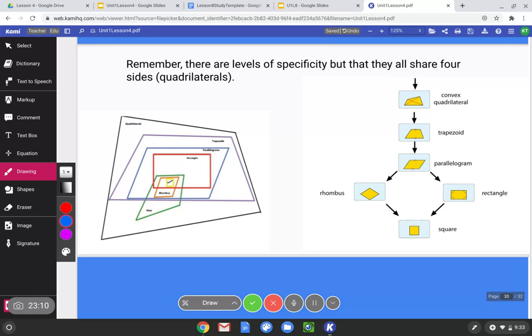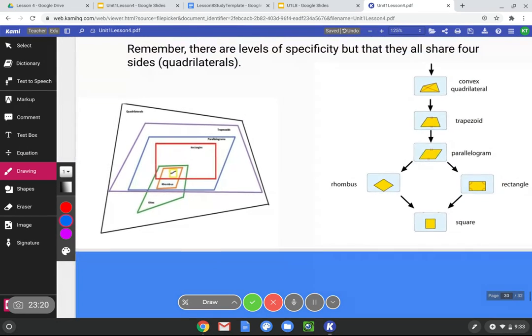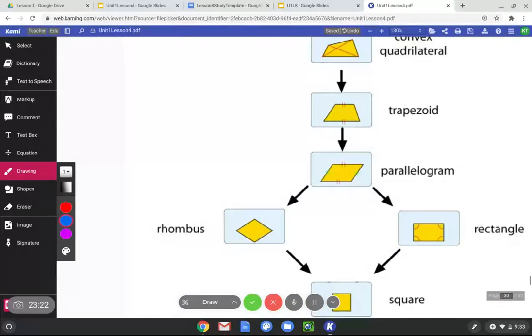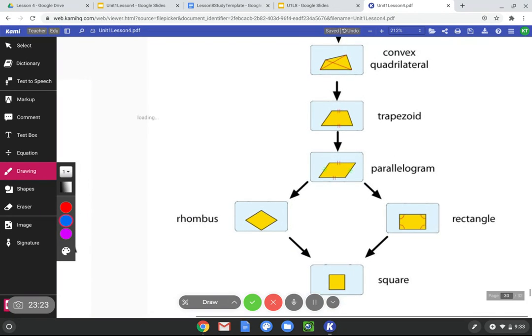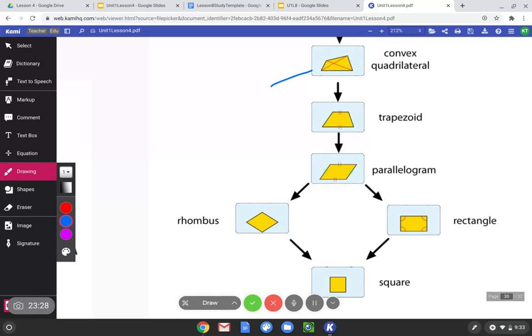So pause the video and figure out which photo helps you understand the quadrilateral hierarchy the most. This one or this one? I personally prefer this one. Although it doesn't have kites on there, we know that kites would be right here. But for me, this picture is easier to dissect and understand.